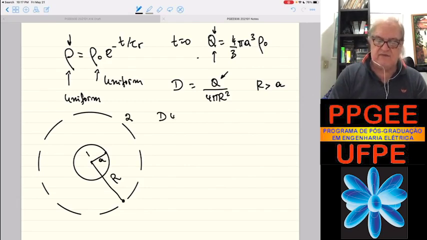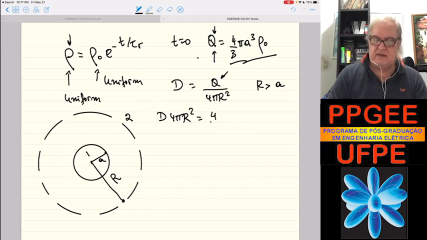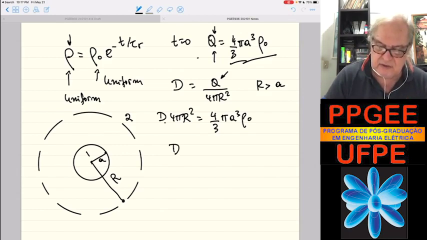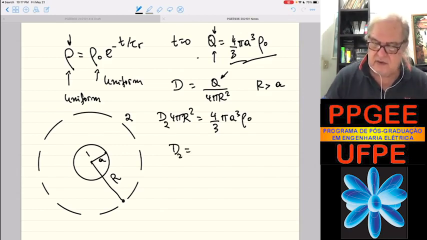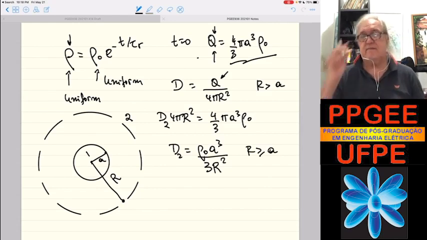So D times 4 pi r squared equals Q, which is 4/3 pi a cubed rho 0. So D, let's call it D2, equals rho 0 a cubed divided by 3 r squared. That's for r larger than a, right?